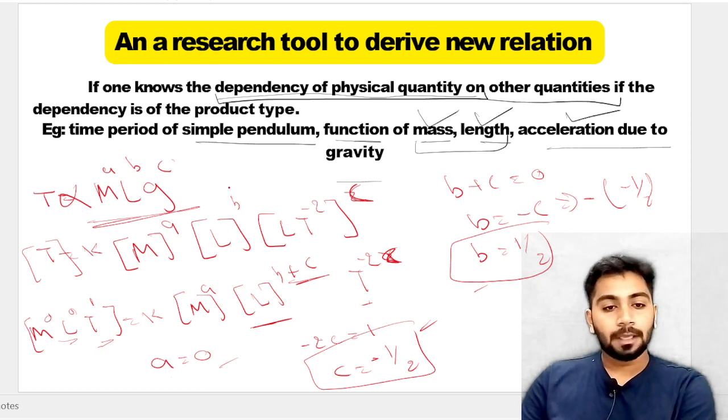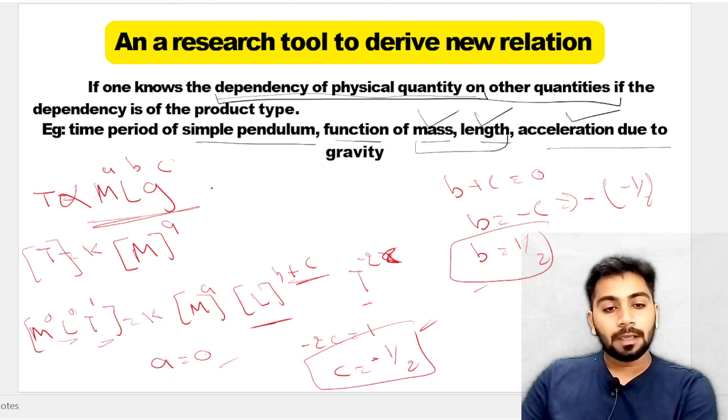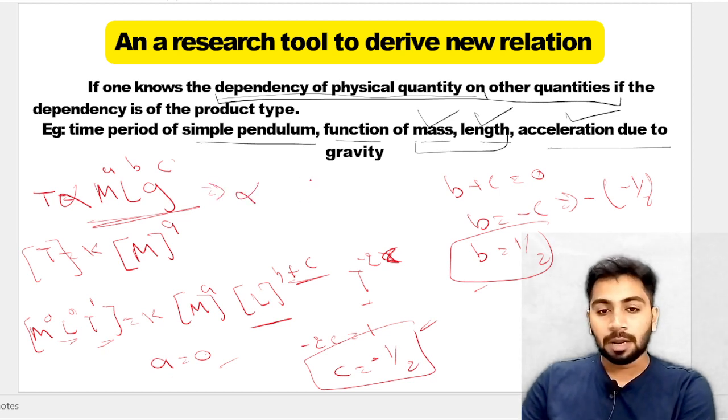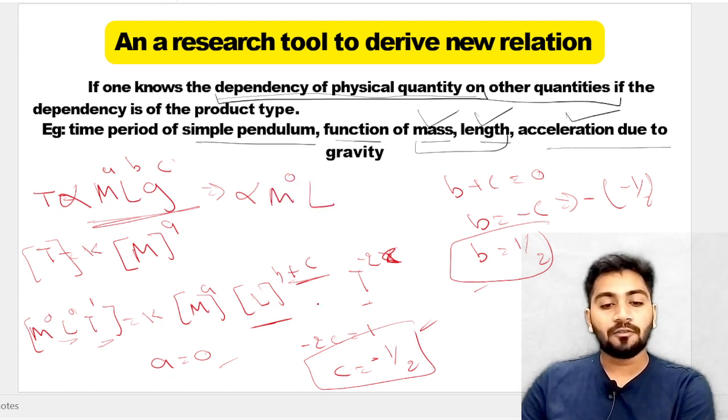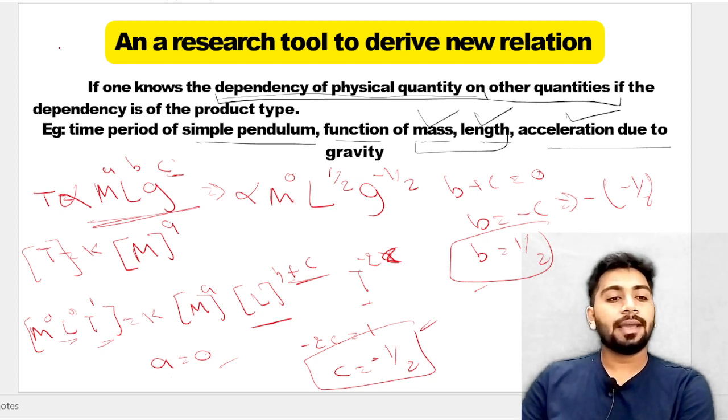How? See, very simple. T is proportional to M to the power of 0, since the A value is 0, L to the power of B value, which is 1 by 2, and G to the power of C value, which is minus 1 by 2. Enough. You got your answer.